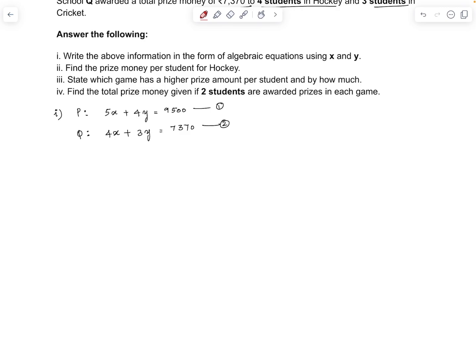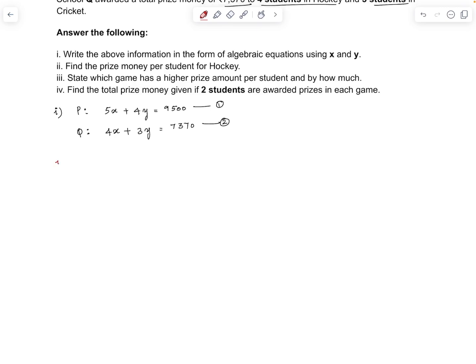Question number 2. Find the prize money per student for hockey. Let's solve these two equations. I prefer to do the elimination method. First equation into 4 gives us 20x plus 16y is equal to 38,000.